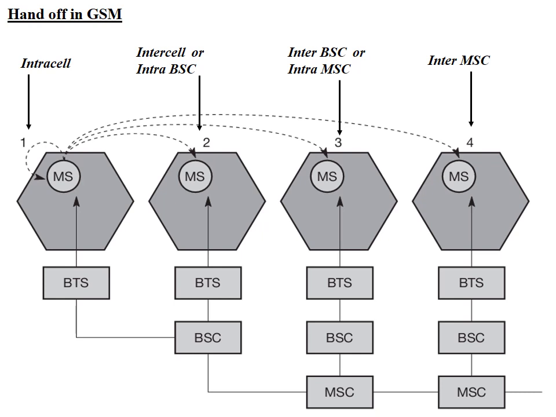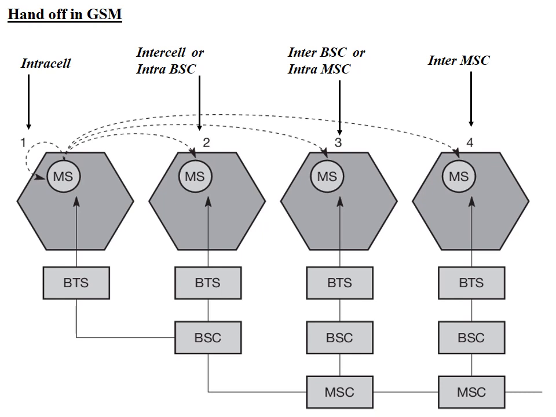The third type of handoff in GSM is the inter-BSC or intra-MSC handoff. The number 3 represents the third scenario. As a BSC only controls a limited number of cells, GSM also has to perform handoffs between cells controlled by different BSCs.